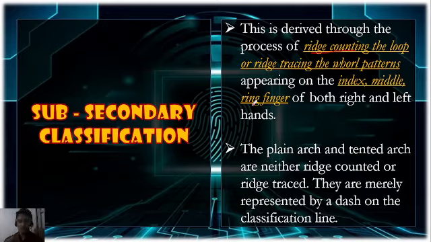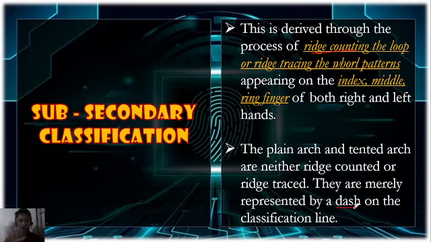Ang gagawin lang po natin ay maglalagay lang tayo ng dash sa classification line. And yung iba rin po, instead na maglagay ng dash, katulad na rin sa secondary classification, minsan they just leave it blank. Ganun din po sa sub-secondary classification.